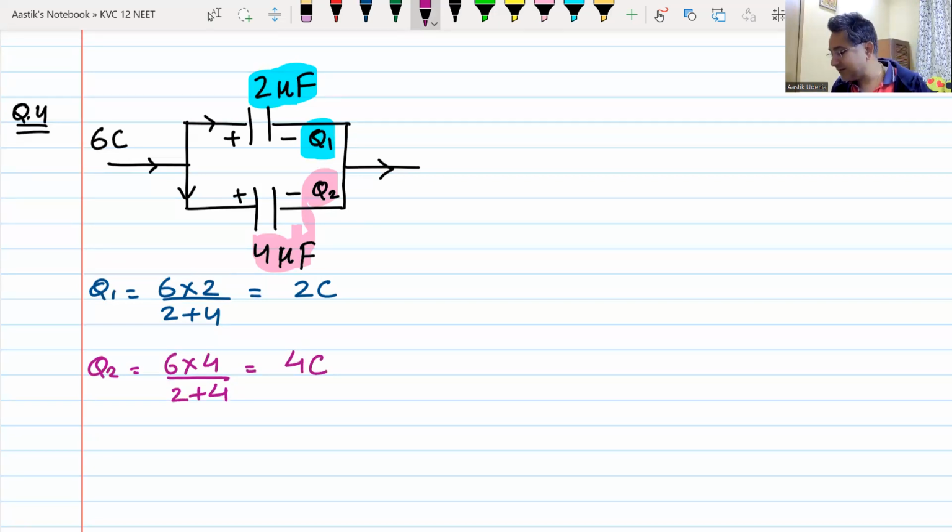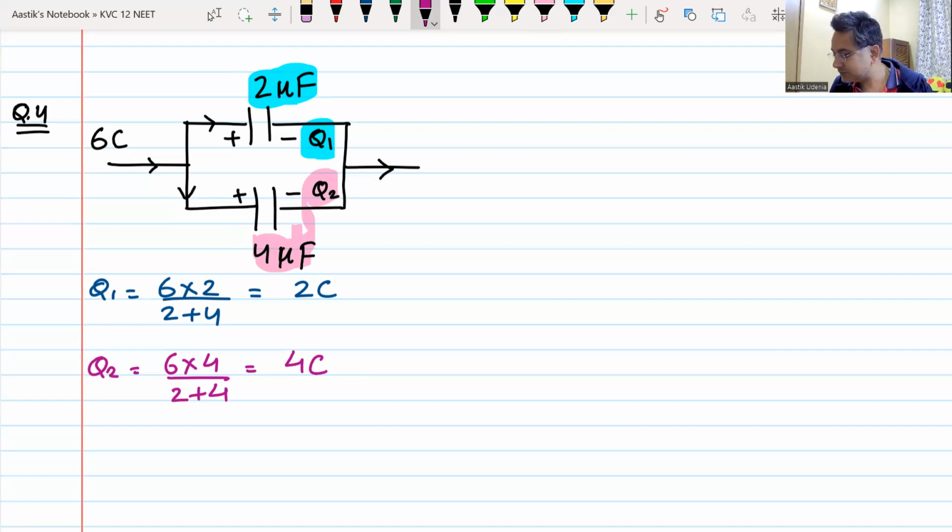Does anyone not understand this? So as you can see, the capacitor with less capacitance will have less charge, and the capacitor with more capacitance will have more charge. Do we understand this, everyone?